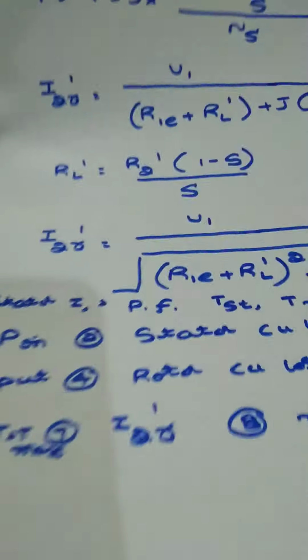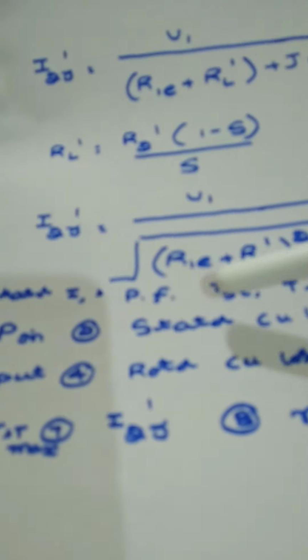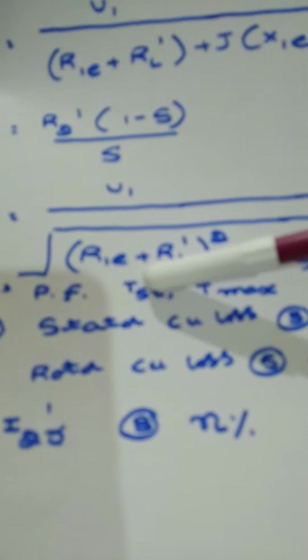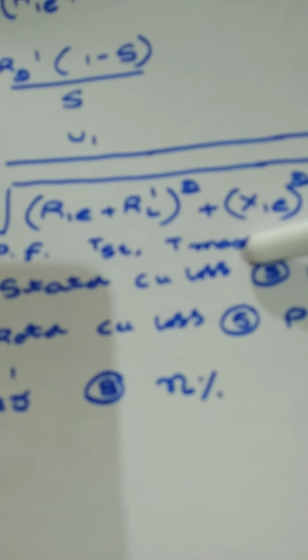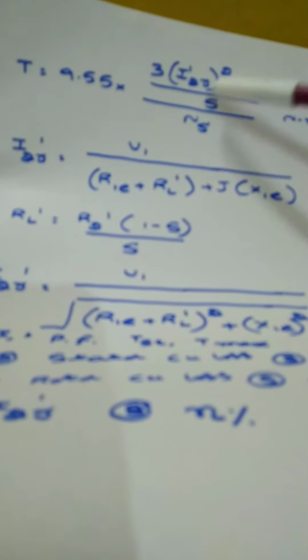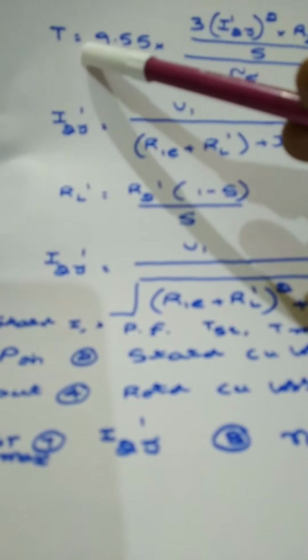From the equivalent circuit diagram, what are the factors we can obtain? We shall analyze now. You can find out the stator current, the stator power factor, and the starting torque. The maximum torque can be obtained: if you differentiate the torque equation with respect to S and rearrange it, you get the maximum torque.